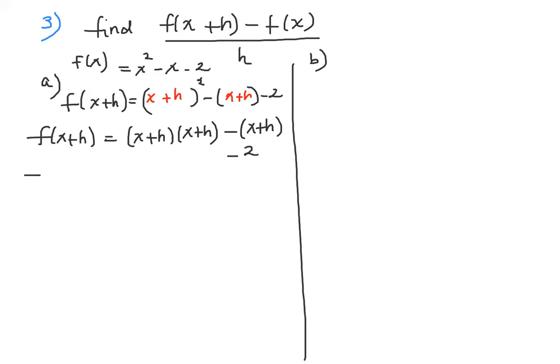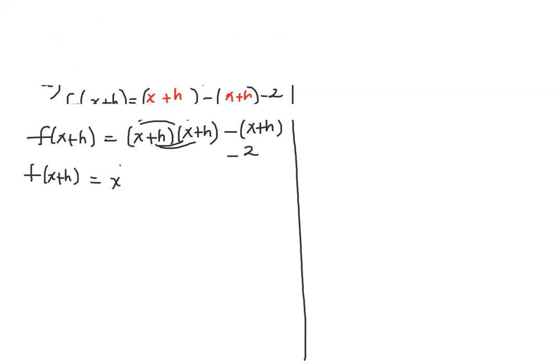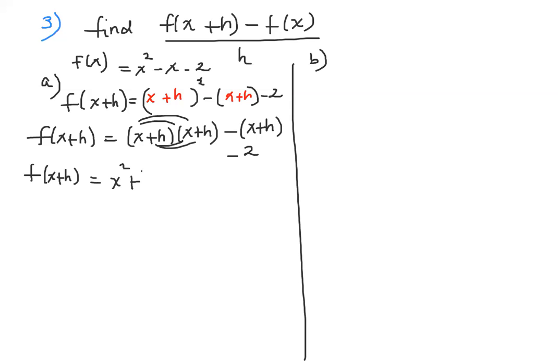So we get x squared plus hx plus hx plus h squared, and distribute the minus here, so we get x minus h minus 2.